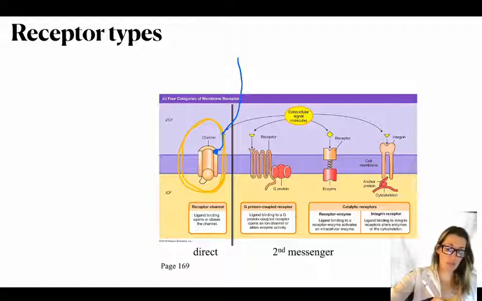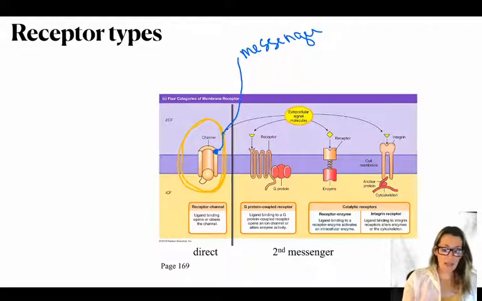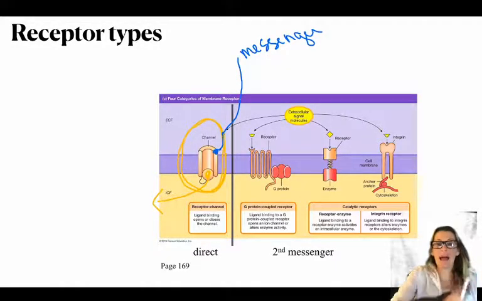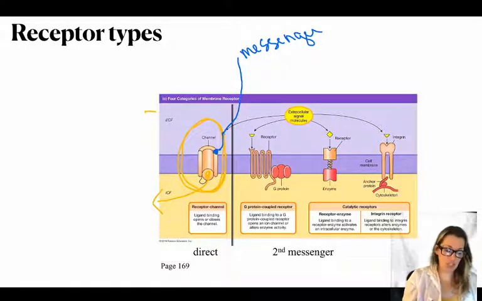So its messenger comes and binds, and what that does is that opens this channel, and then that allows whatever the thing is that's supposed to come through that channel to pass through.